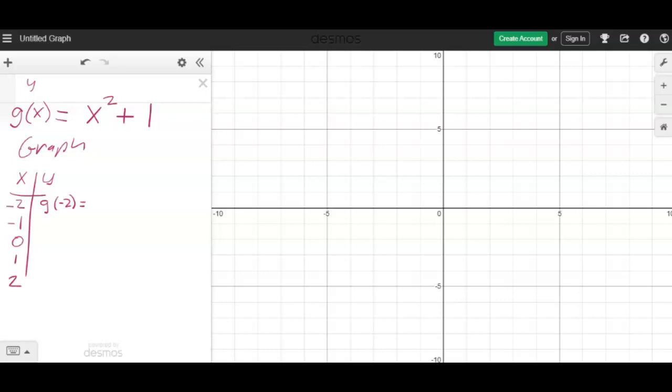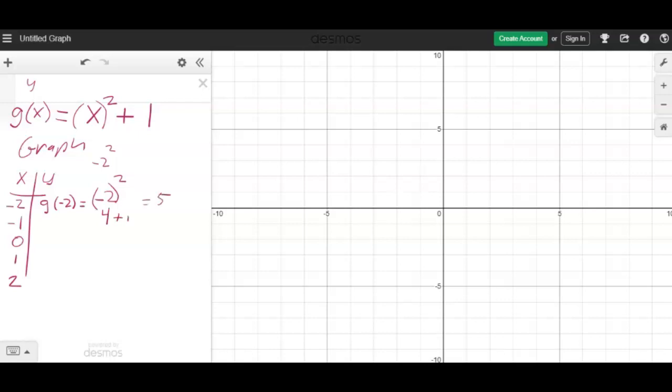Remember, this is this x here. You have to be careful with the negatives because whatever x is, you square it. If you do not put that in parentheses, you get -4, but the answer for this piece should be a 4. You should get 5.